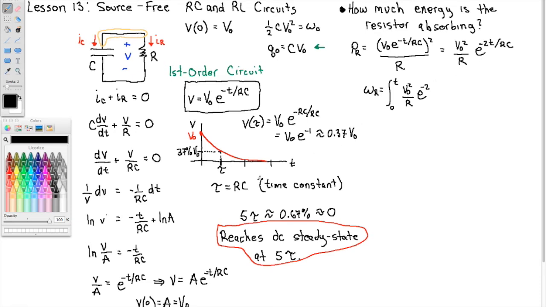In the past we chose tau, but this might not be a good choice anymore because tau now means RC. So I'm going to choose a different variable of integration. Let's say s. This is a dummy variable of integration. It goes away once we integrate it. So the V0 squared and the R are constants. They can come out of the integral.